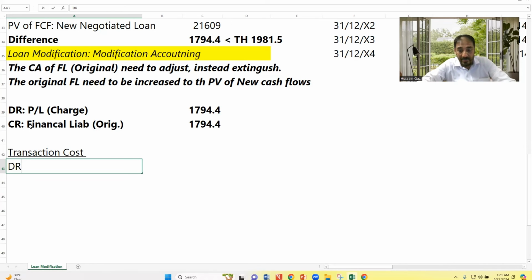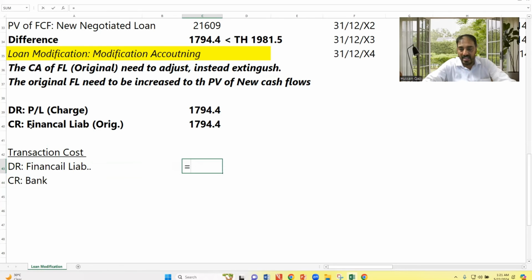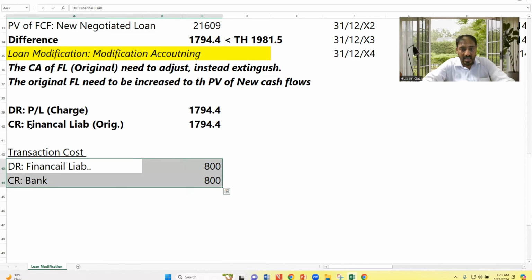So here, what should be debit? Instead of transaction cost debit, debit the financial liability and credit the bank, the value 800. That is about the transaction cost.